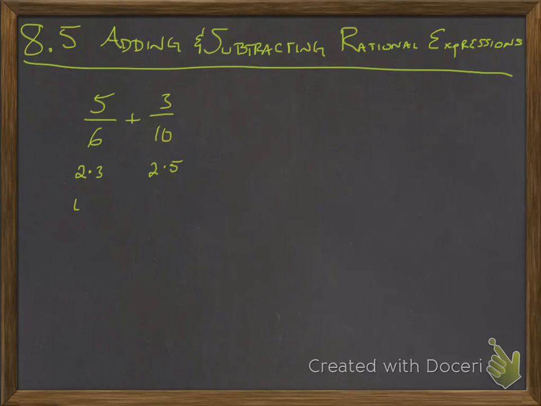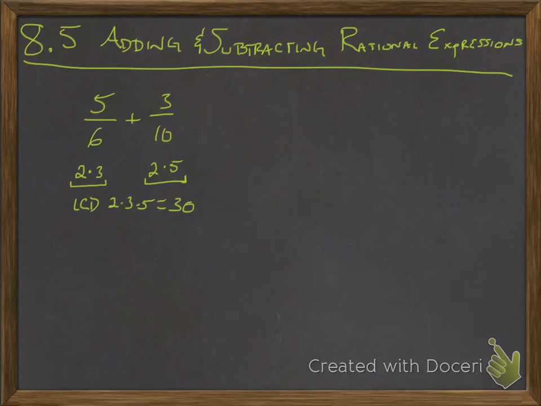So the least common denominator has got to include this whole thing, 2 times 3, but it also has to include everything that's in here. Well, the 2 is already in the least common denominator, so all I need to do is multiply with the 5. Now the least common denominator is 2 times 3, which is 6, times 5 is 30.